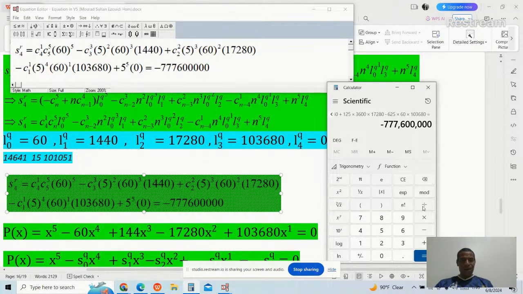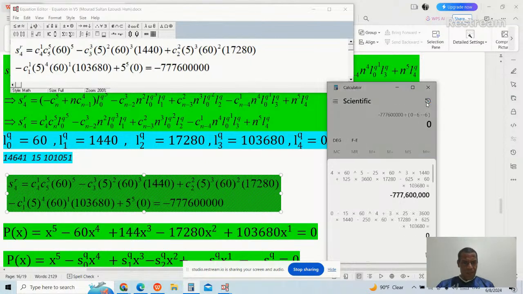You can divide by negative 60 raised to the power 5. Sorry, how can I do it? Okay. I will come to my ancient one, this one. I will copy this. This is the value that we already calculated. Now I come here, learners.